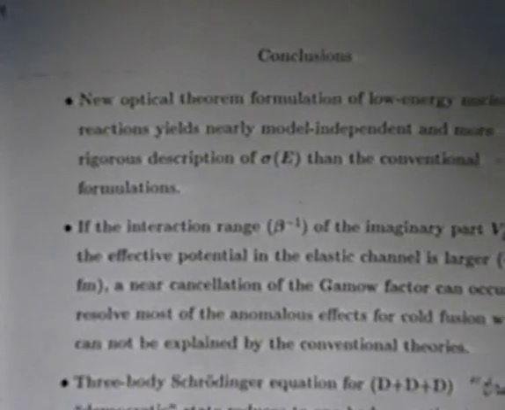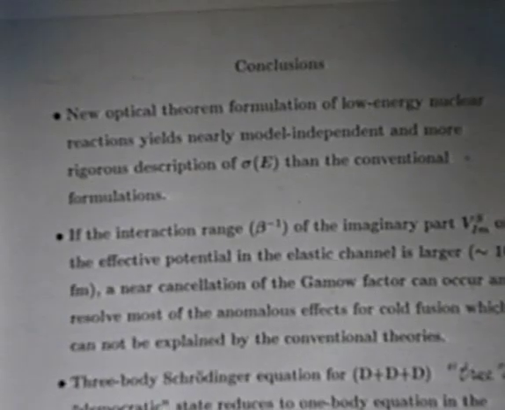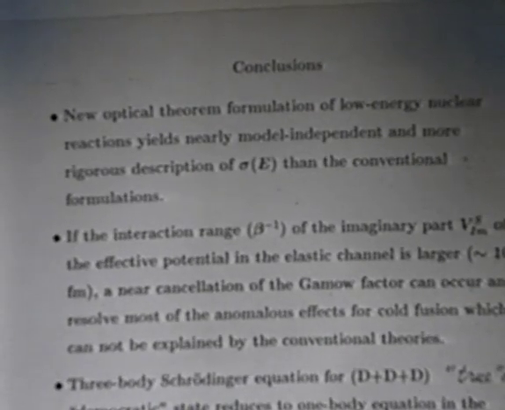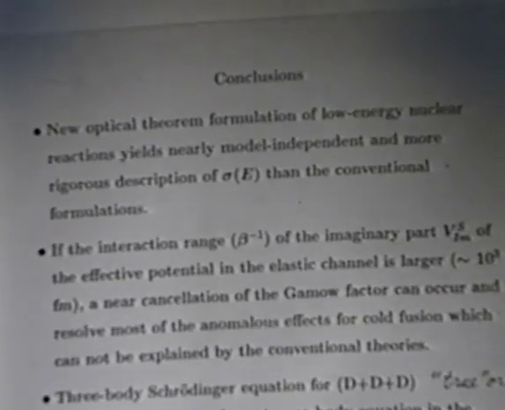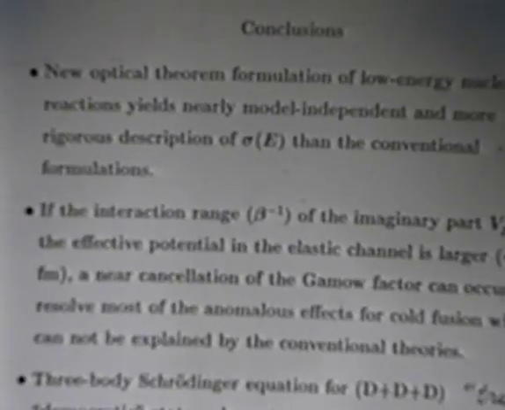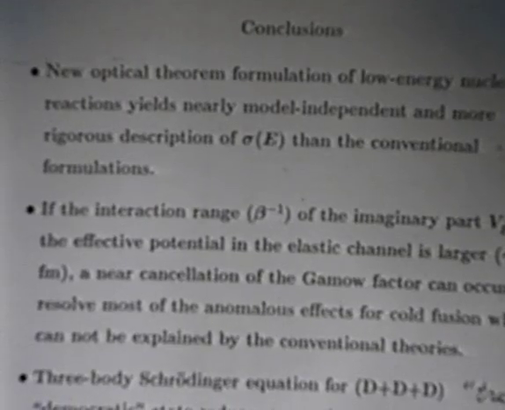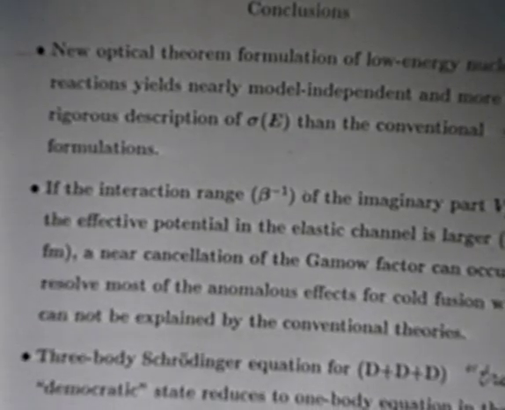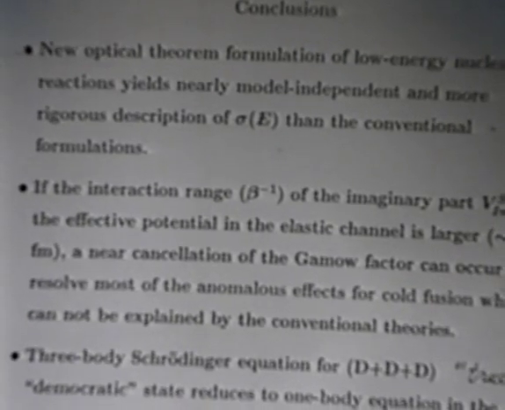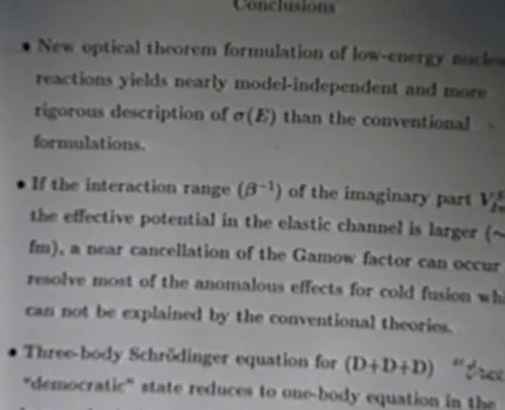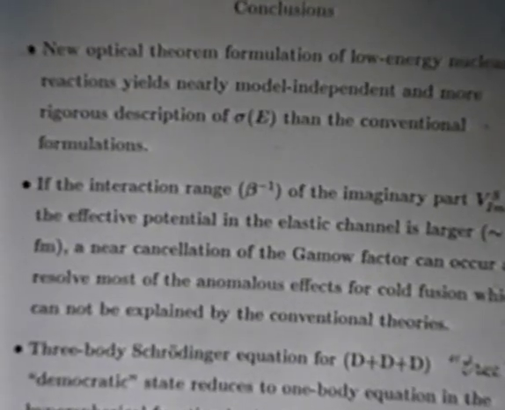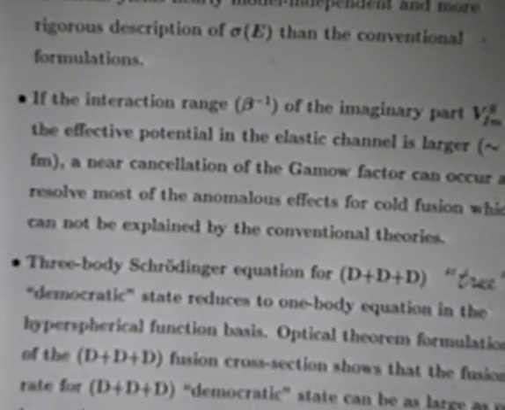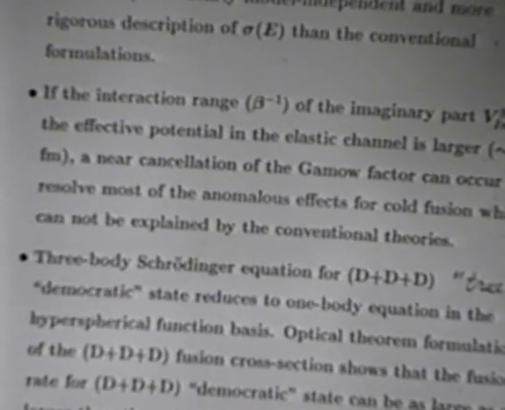The conclusion. The new formulation based upon the optical theorem is less model dependent than the earlier one. You can find the analytical solution if you make a reasonable assumption as to the imaginary part of the interaction. And if the interaction range happens to be large, which I cannot prove mathematically at the moment, although for other cases people have proved it, then near cancellation of the gamma factor can occur.